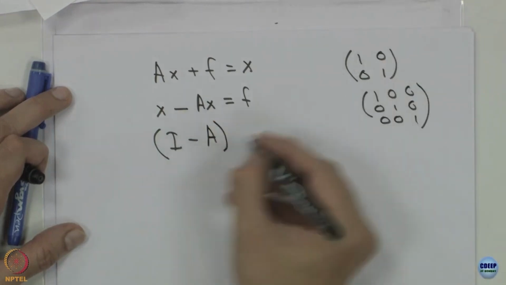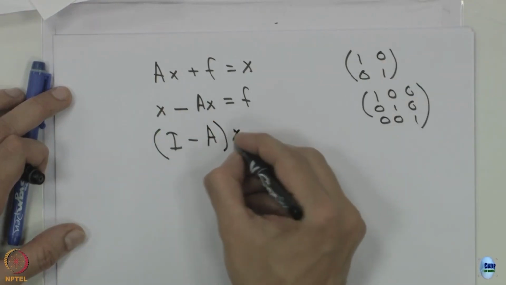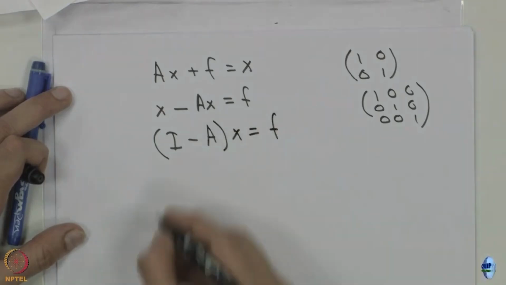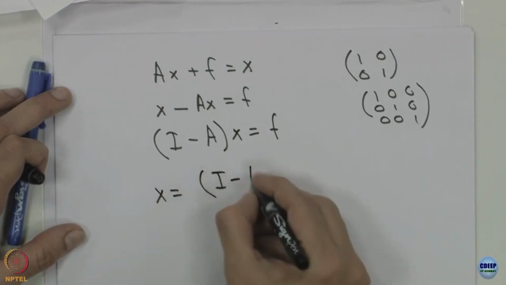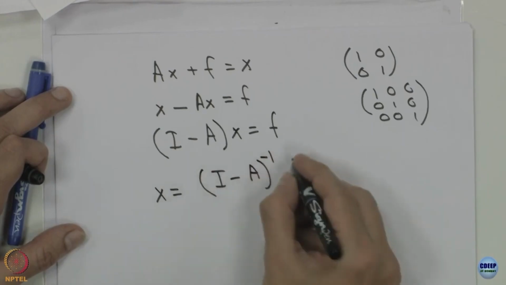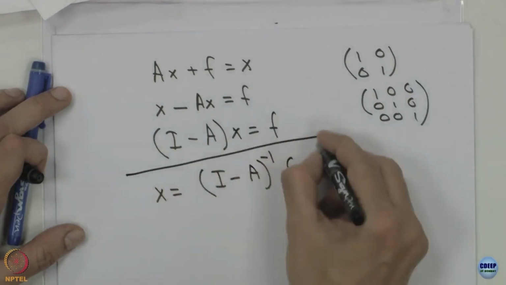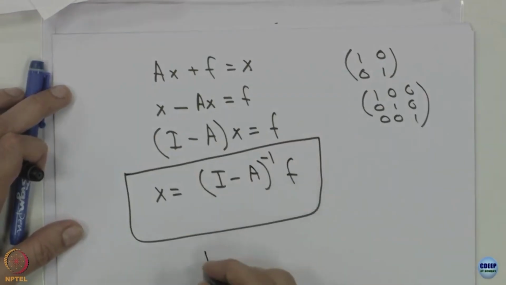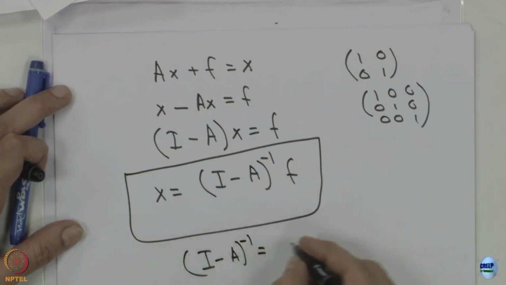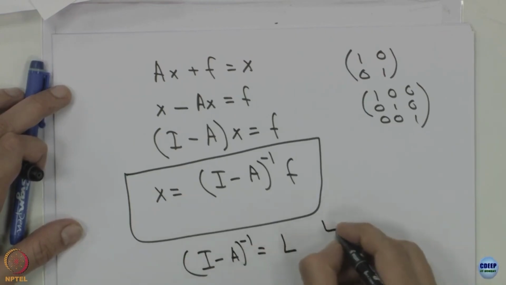This is I minus A into X is equal to F, and so X is equal to I minus A inverse into F. This value I minus A inverse is called the Leontief inverse.